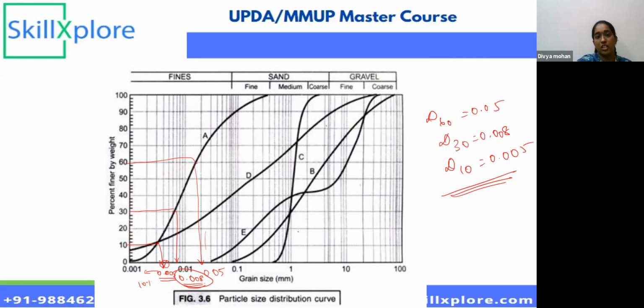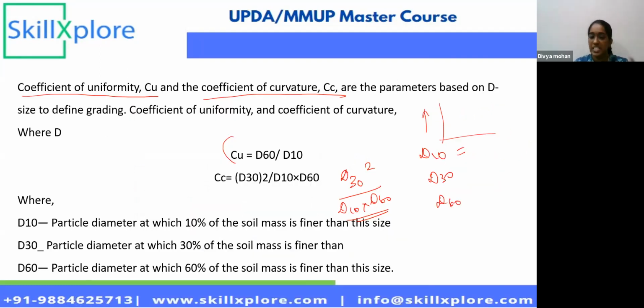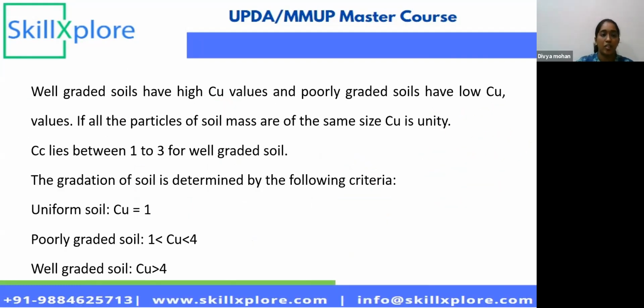So while substituting these values, we'll get CU and CC, and they have given that the CU value will be very high for well-graded soil, and very low for poorly graded soil. For well-graded soil, the CC value will range from 1 to 3.